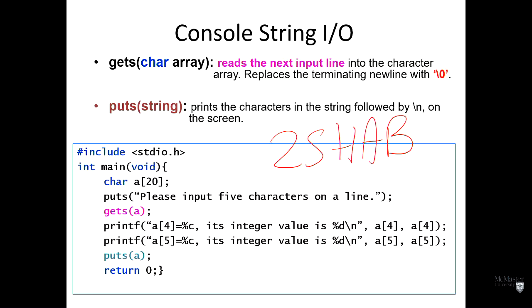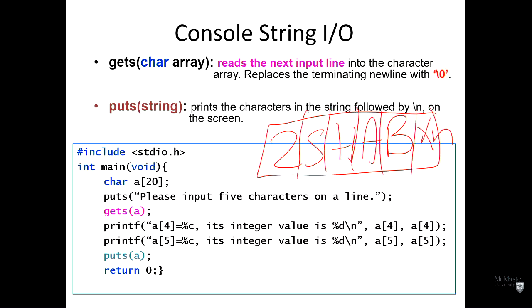That means now your A array is composed of this, ending with the null character, right? And then print element number 4 as a character, 0, 1, 2, 3, 4. This prints B, and then its integer value.